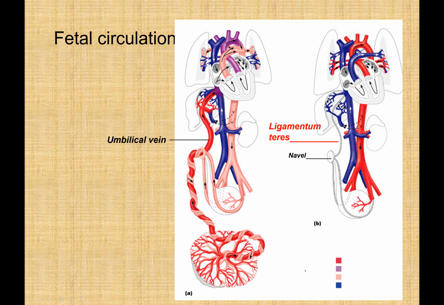You can see the umbilical vein is gone, and it changes into ligamentum teres, so it doesn't do anything. This connects to the navel, but in the fetus it is actually connecting to the placenta. So this is showing us fetal circulation, and this is showing us adult circulation.